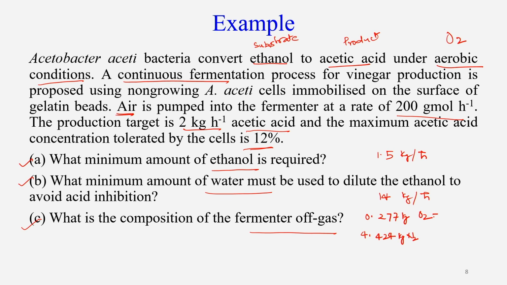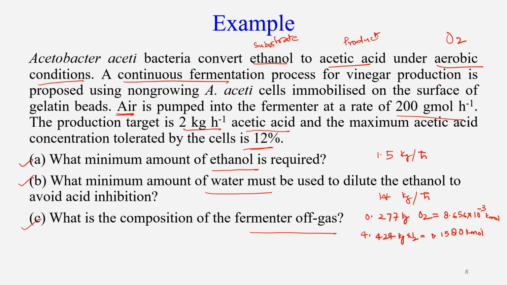This equals 8.656 into 10 to the power minus 3 kilomole for oxygen, and 0.1580 kilomole for nitrogen.